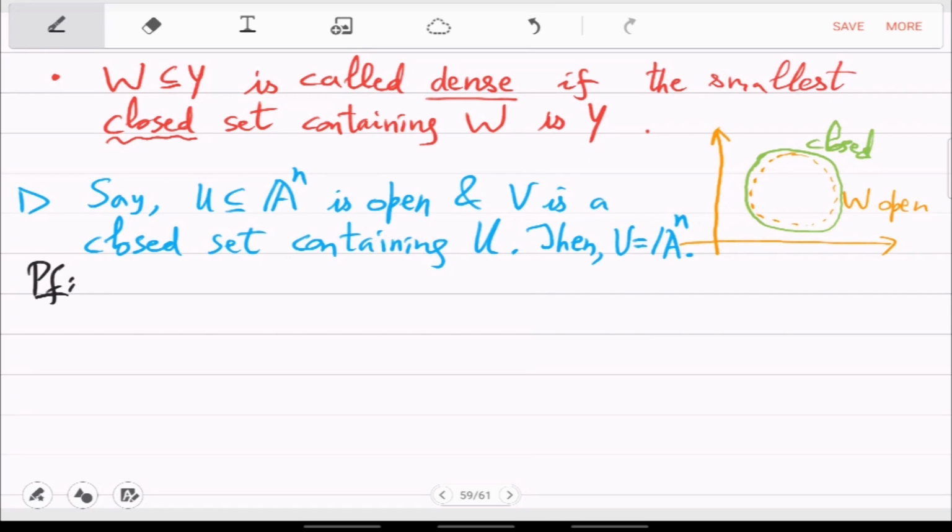How do you prove that the closure of an open set is the whole space? In other words, let me interpret this also. In the Zariski topology, open sets are dense.